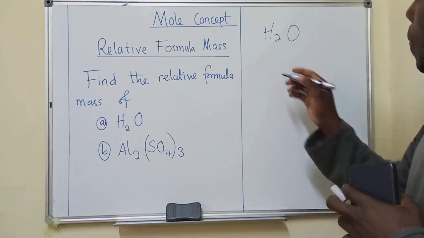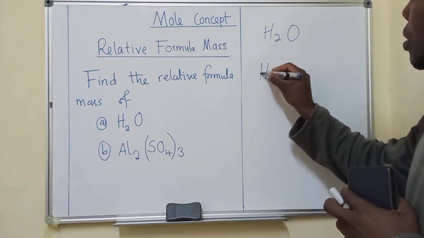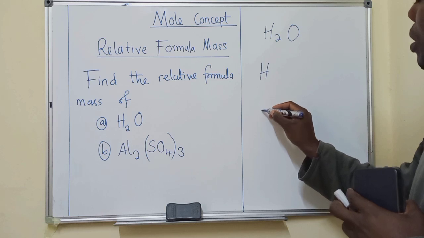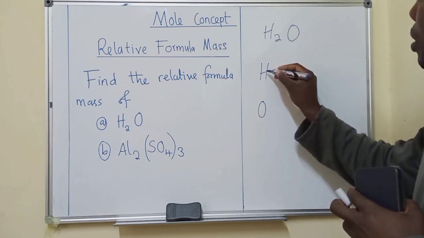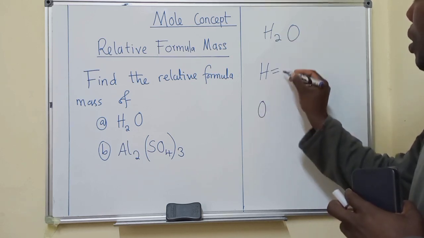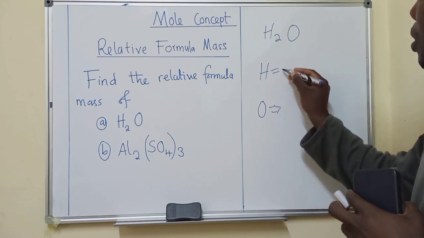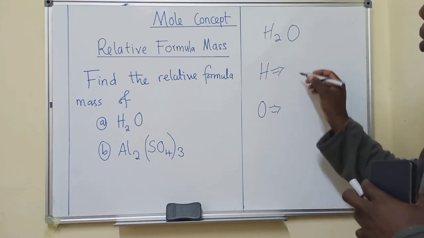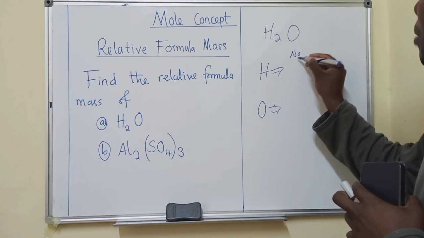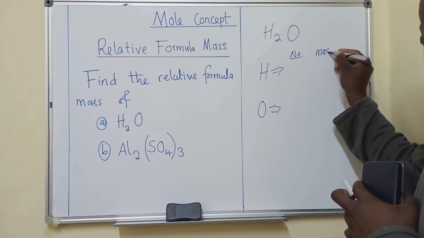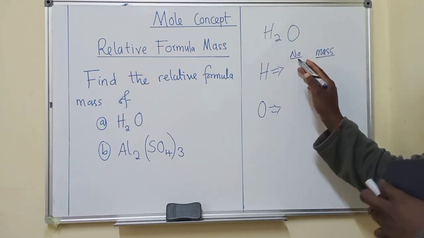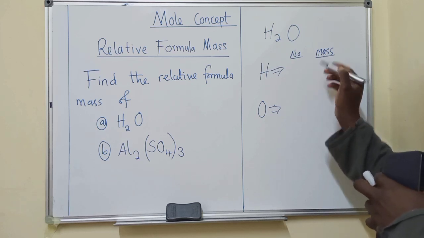Oxygen is 1. So you list each element. So I've got H and O, you put them like this so that you understand what you need to do. So here we'll put number, and here is the mass number. Okay, number of atoms, the mass number.